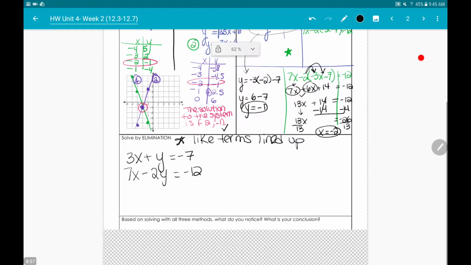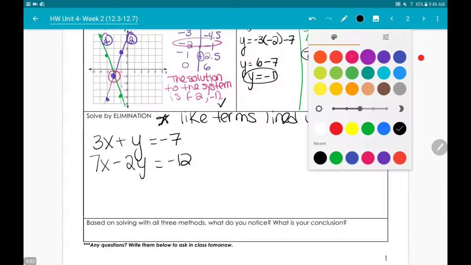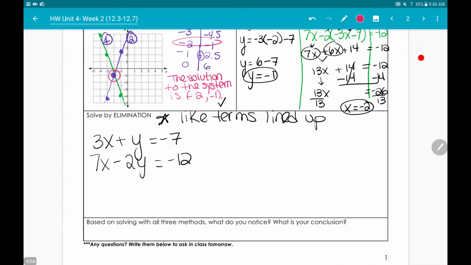Let me zoom in. Okay, let's say I want to eliminate my y's. Okay, this has a coefficient of 1, so I multiply my second one by 1. This has a coefficient of -2, so that's what I'm going to multiply the first one by. Remember, it's always opposite.